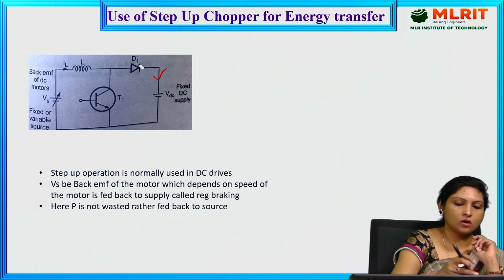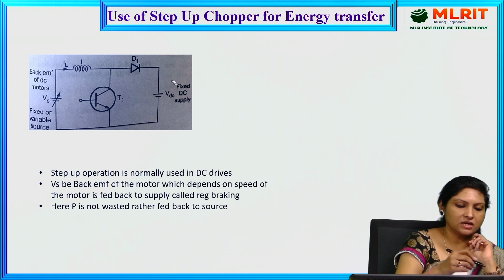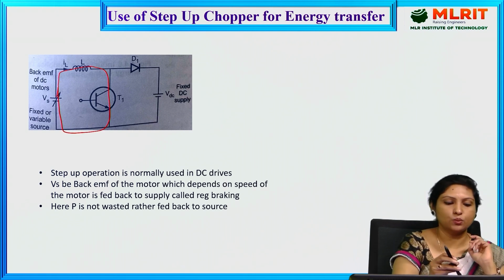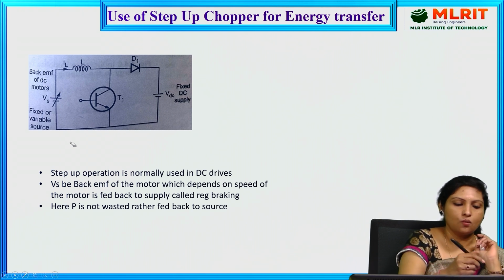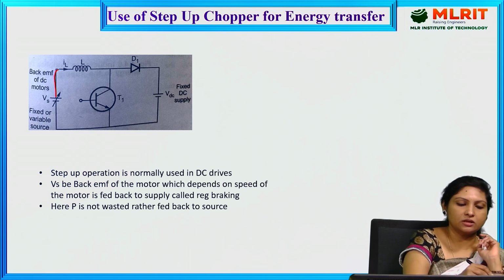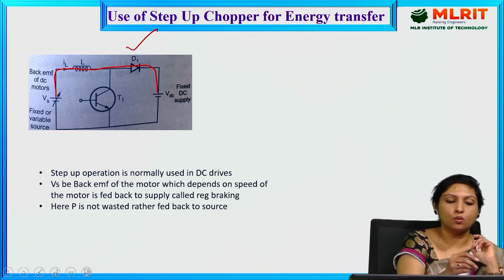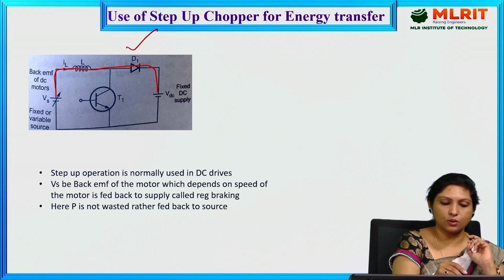See, normally here when the transistor is on, the inductor is getting charged, and once the transistor is off, whatever energy is stored in this particular back EMF of the motor is fed back to the supply through this particular diode. Until whatever energy is stored in the inductor, it is forward biasing the diode, and it is driving the current to the supply.